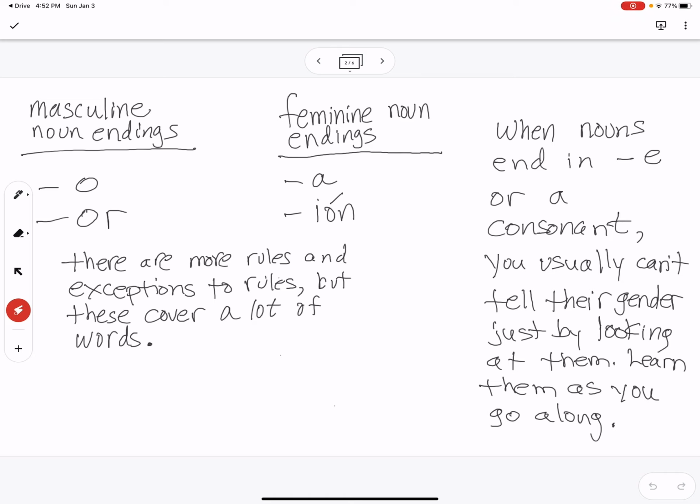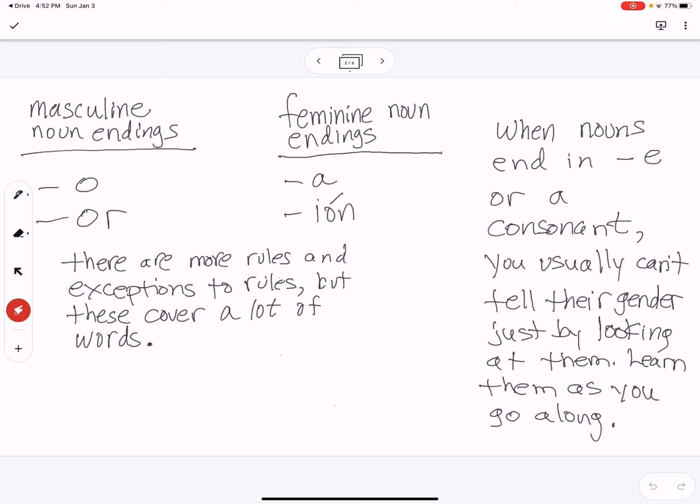Now, also, you're going to notice that sometimes you're going to have nouns that end in the letter E. Or maybe you're going to have a noun in Spanish that ends in a consonant like R or N, some other consonant. And you usually can't tell their gender just by looking at them.